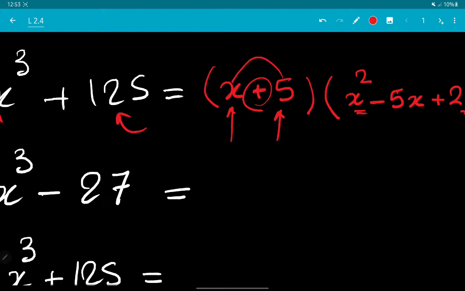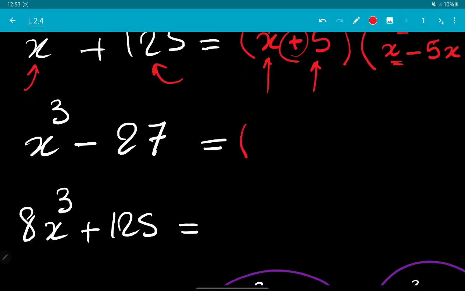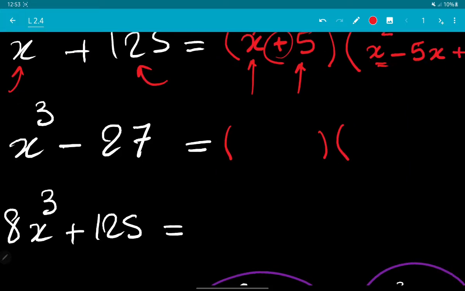Let me explain another one. X power 3 minus 27. This is difference between two cubes. So the cubes, we need two brackets. One is small and one is big. X power 3 is x power 3. 27 is 3 power 3. And this is negative.